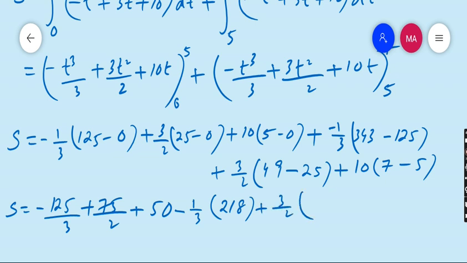Plus 3 upon 2, 49 minus 25 is 24. Plus 10, 7 minus 5 is 2.